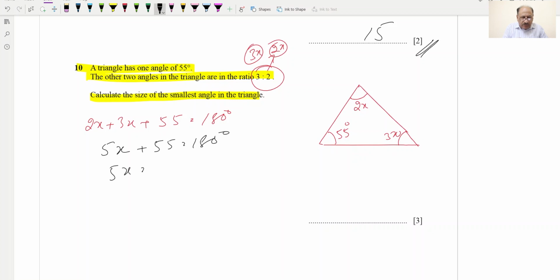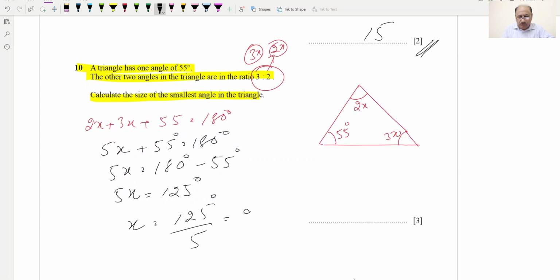So 5x is equal to 180 degrees minus 55 degrees. 180 minus 55 will be equal to 125 degrees. So 5x is equal to this. X will be equal to 125 over 5, basically this will be 25.